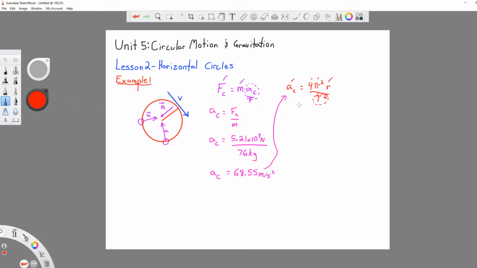We're going to take that and chug it into this formula. Except before we do so, I would like to rearrange this formula. I feel confident in your rearrangement skills now. So T is going to be equal to, I'm essentially doing a flip here, 4 pi squared r over a_c, and this whole term is getting square rooted.